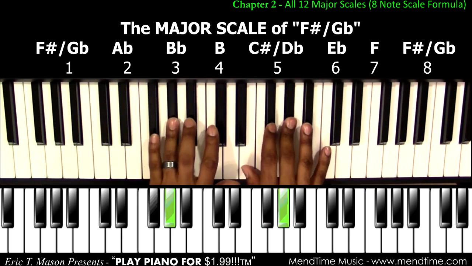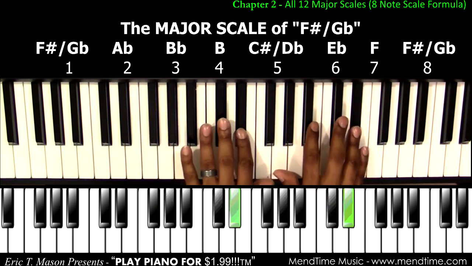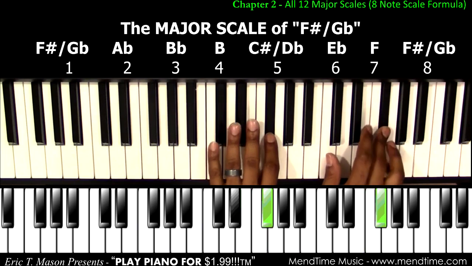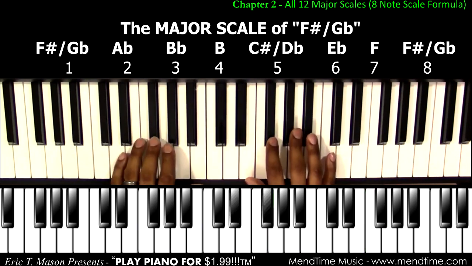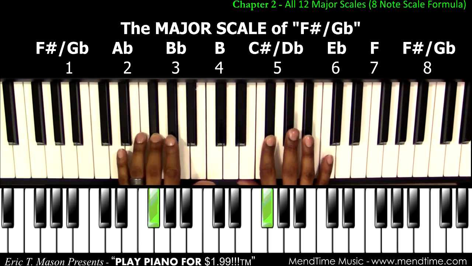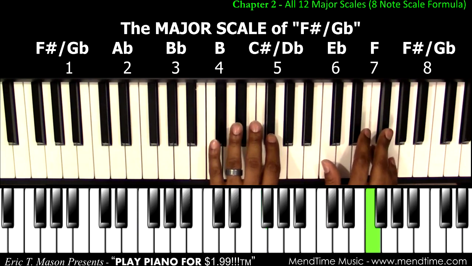F sharp, A flat, B flat, B, C sharp, E flat, F, F sharp, G flat. So I know one, whole, whole, half.